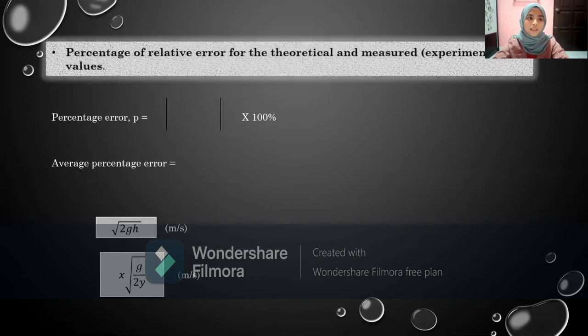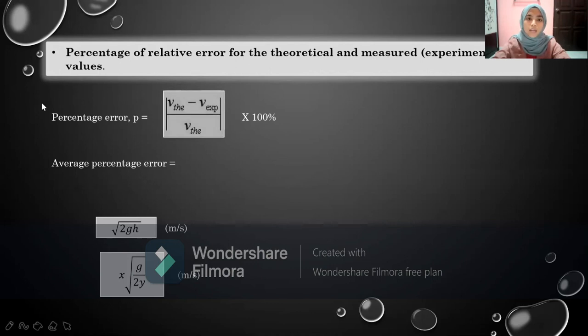And then the third one is the percentage of relative error between the theoretical and measured experimental values. To calculate the percentage error is V theory minus V experiment over V theory times 100%. Then to calculate the average percentage error is the total percentage error over 5, because we have 5 data.